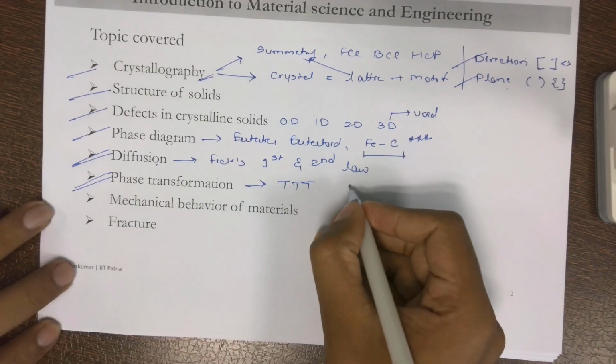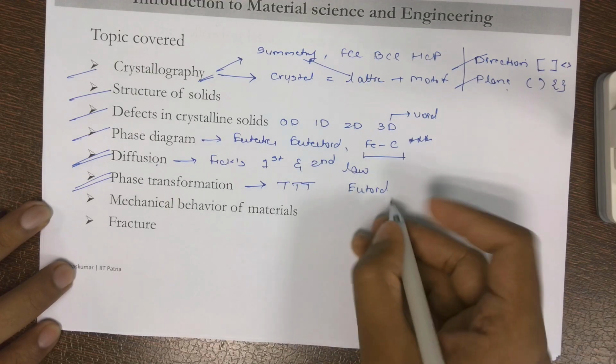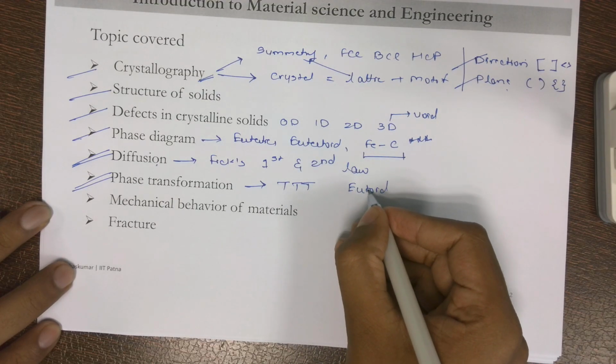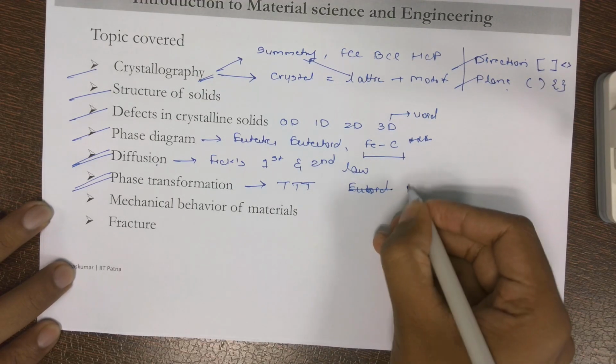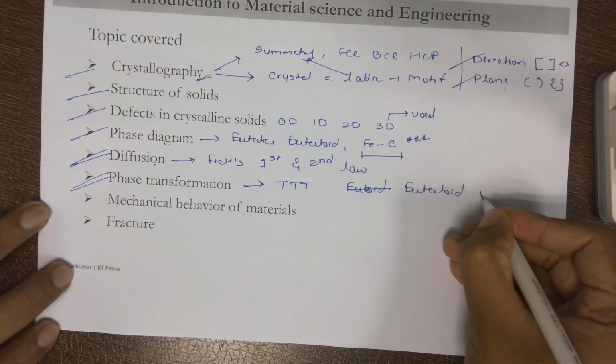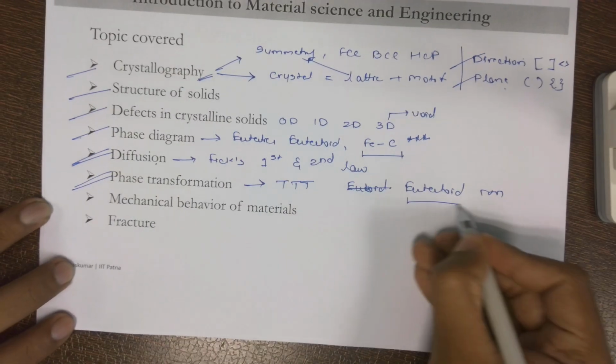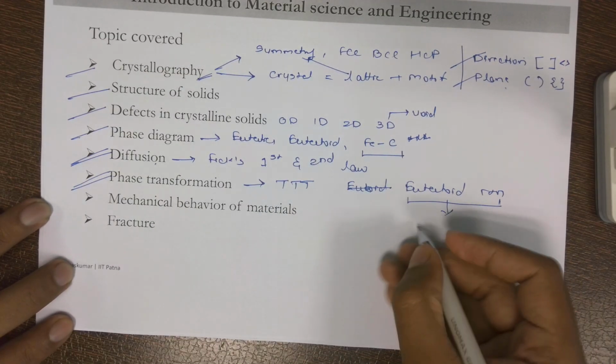For us, it was more important to study the eutectoid reaction, which is an invariant reaction, and this is the one which leads to heat treatment.